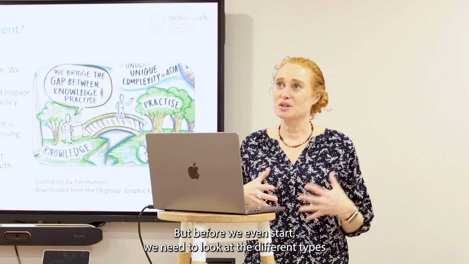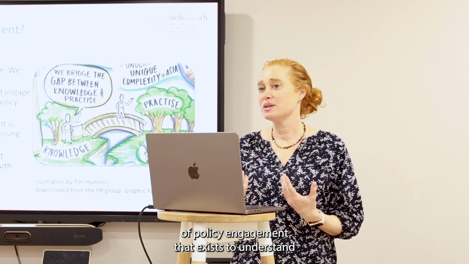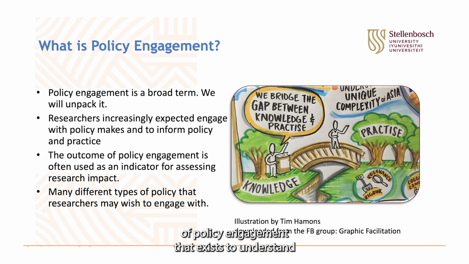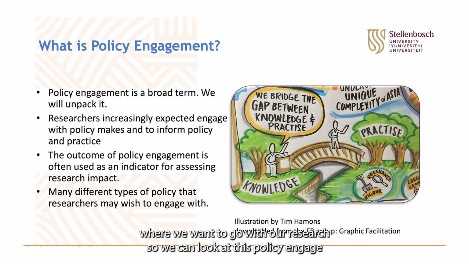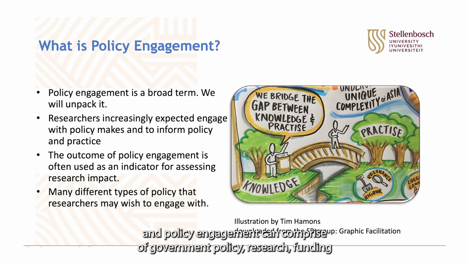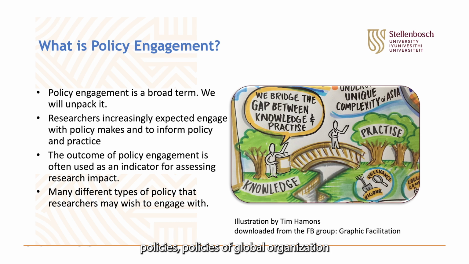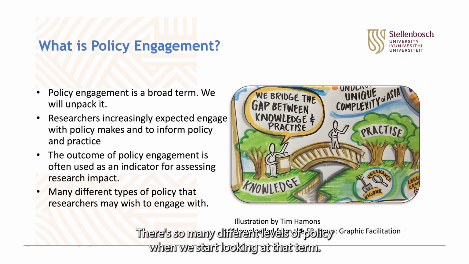Before we even start, we need to look at the different types of policy engagement that exist to understand where we want to go with our research. Policy engagement can comprise government policy, research funding policies, policies of global organizations or institutions, or university policies. There are so many different levels of policy when you start looking at that term.